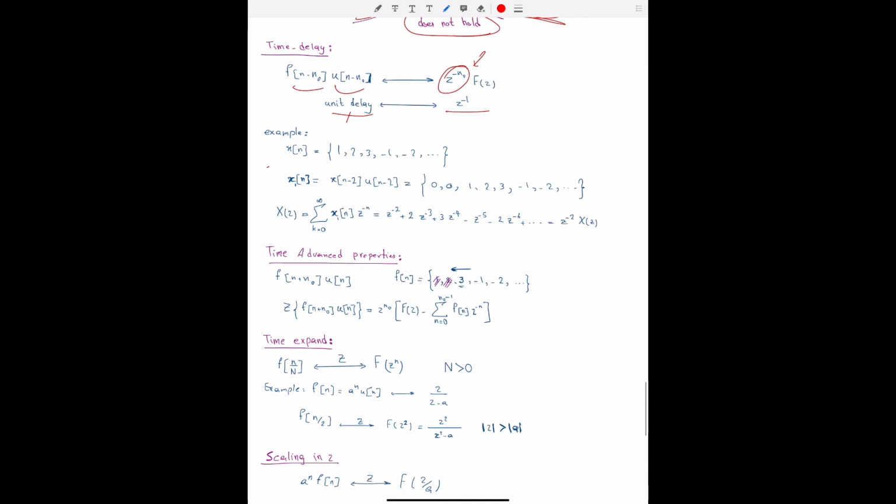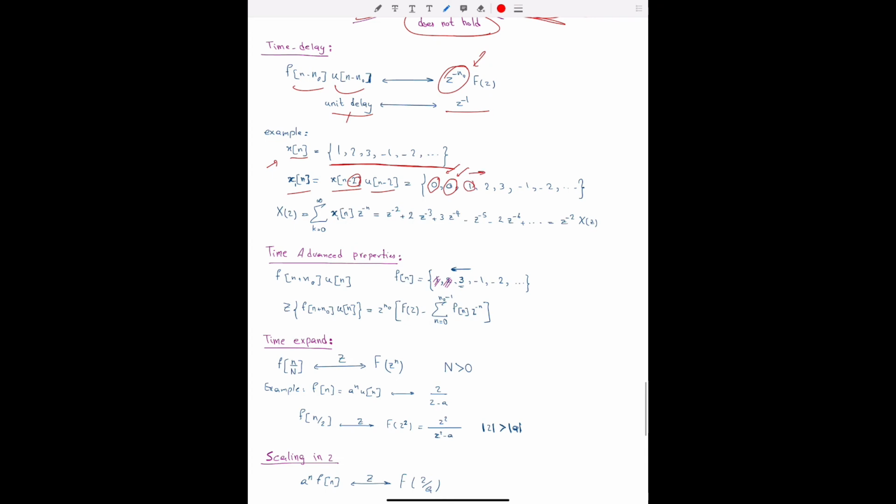Let's do an example. Say we have a set of numbers for the signal x of n: 1, 2, 3, 1, minus 2, and so on. And x1 of n is equal to x of n minus 2, u of n minus 2. When we delay by 2, we are introducing two zeros as the first and second values. So we're shifting this 1 by 2.